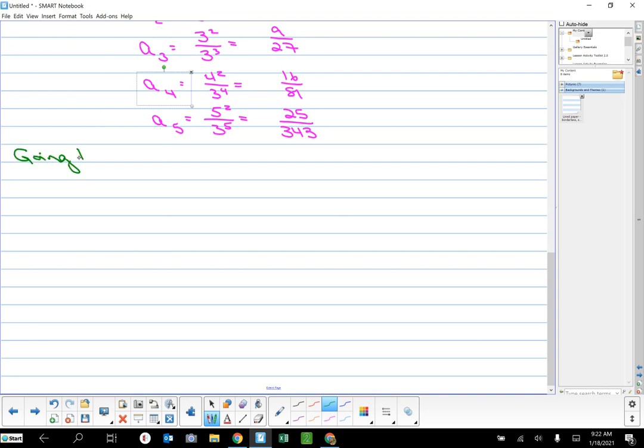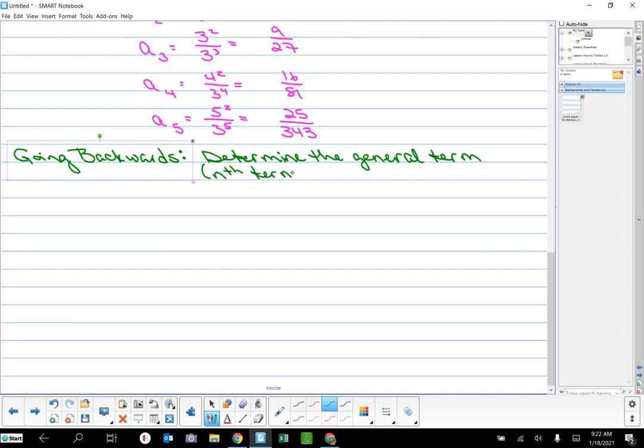It says determine the general term, what I always knew as the nth term, for the sequence 3, 12, 27, 48, and notice it goes on and on.